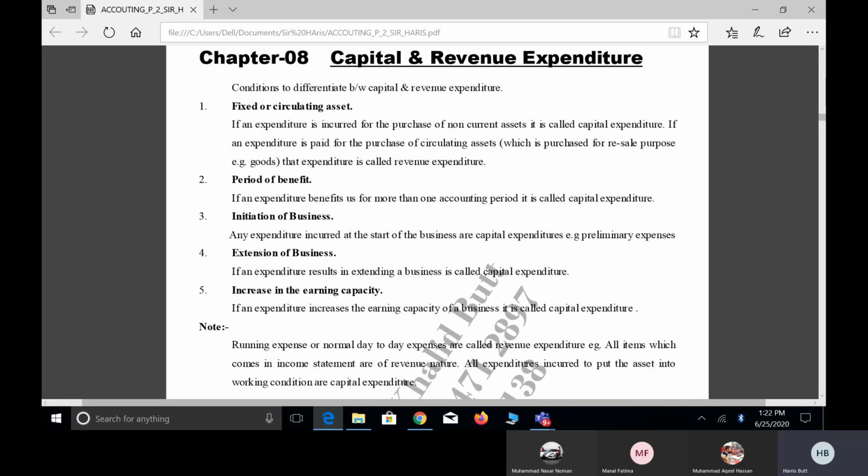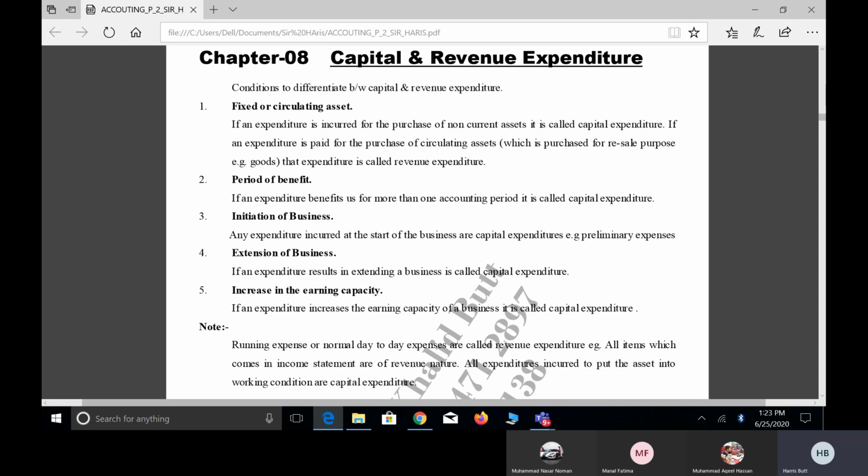When you purchase an AC, these days it is hot, you know that. You have installed a new AC in your room. The cost of purchasing it is the cost of your asset. It's a non-current asset. But if you have paid carriage to bring that AC into your home, or paid the installation charges, it is also treated as part of the cost of the asset.